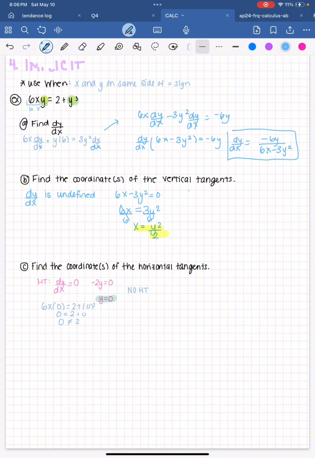So I'm going to get 6x y equals 2 plus y cubed. So if you simplify this, you get 3y cubed equals 2 plus y cubed. 2y cubed equals 2. Y cubed equals 1. Cube root both sides, you get y equals 1. And if y is equal to 1, we can take that, plug it back in here, and we're going to get x is equal to 1/2.